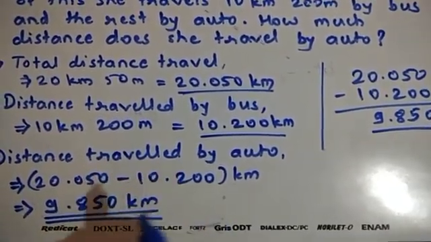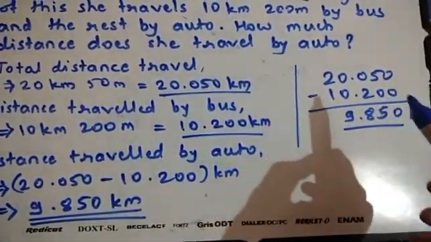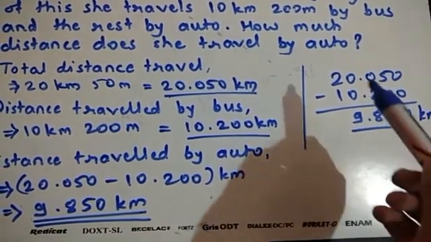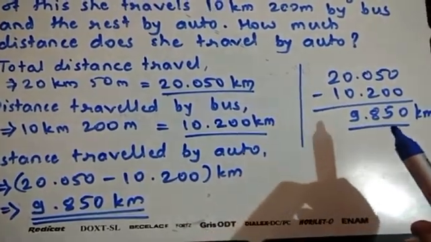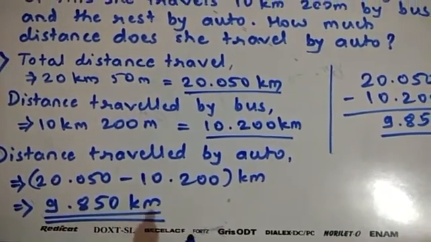That is 0 minus 0 is 0, 5 minus 0 is 5, then 10 minus 2 is 8, then here 9 minus 0 is 9, then 1 minus 1 is 0. That is 9.850 kilometer. Therefore distance traveled by auto is 9.850 kilometer.